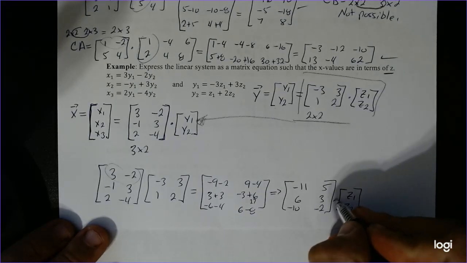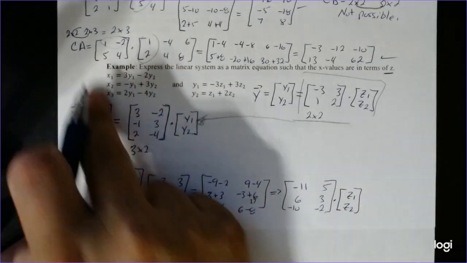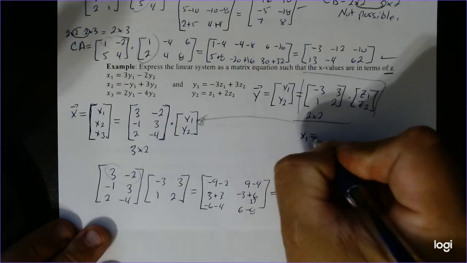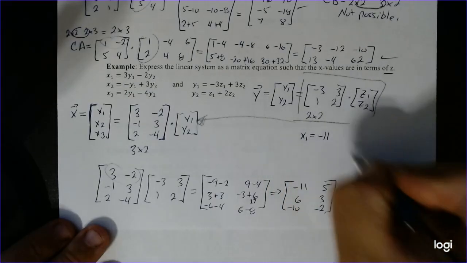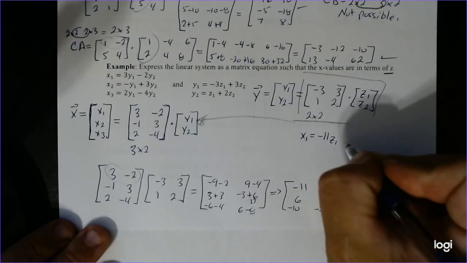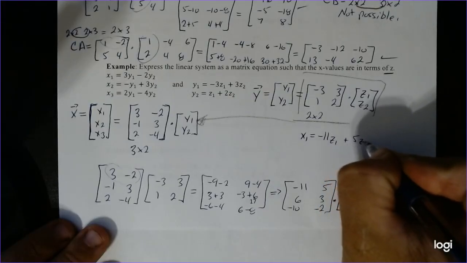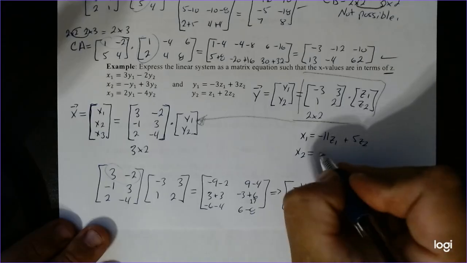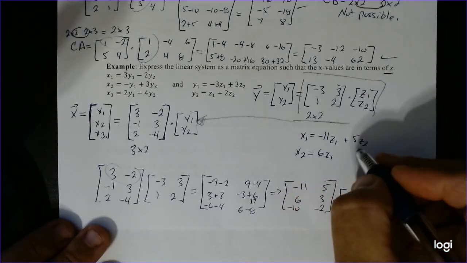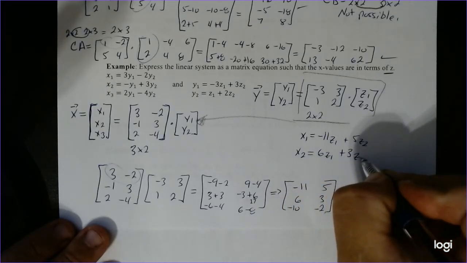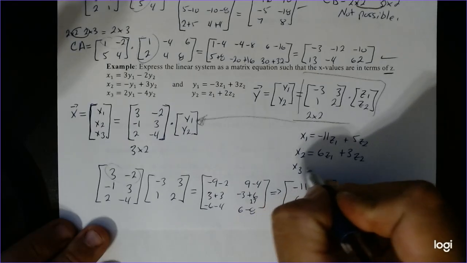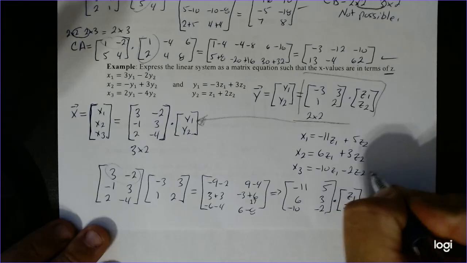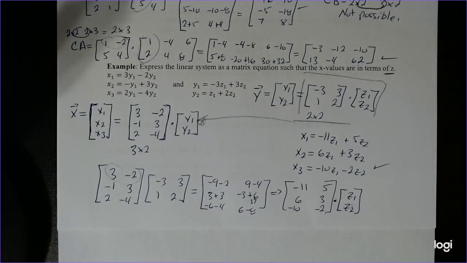So now if I redo this and go back to its non-matrix format, we now have x1 is equal to 11z1 plus 5z2, because remember these are just the coefficient matrix. x2 is equal to 6z1 plus 3z2. And then finally x3 is equal to negative 10z1 minus 2z2. And there we go.